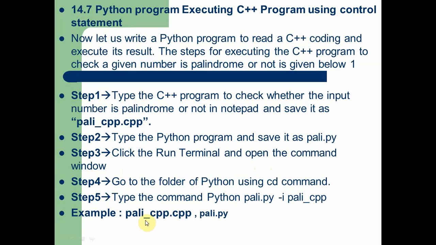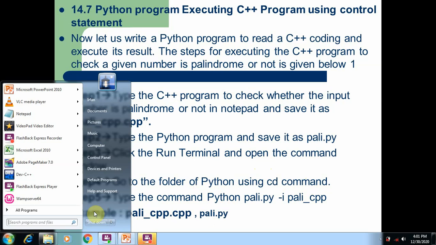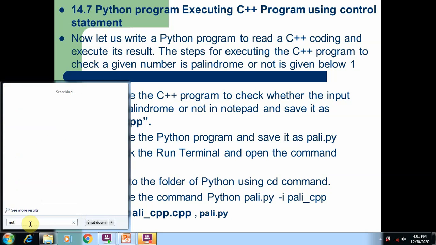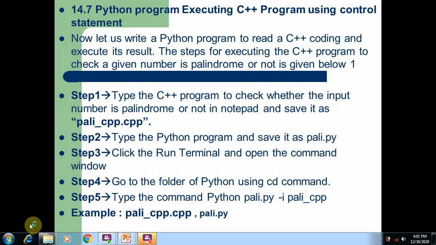I already created these two files. One is pally_cpp, that is the C++ file. Another one is pally.py in notepad. So now I am going to open the notepad and open these two files. First open the notepad. The first file is pally_cpp.